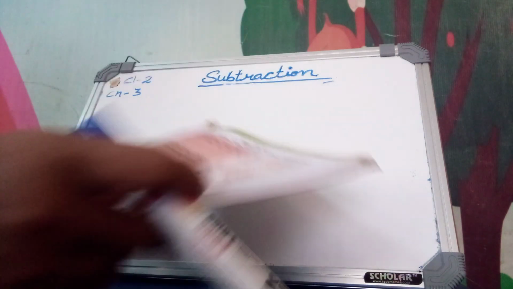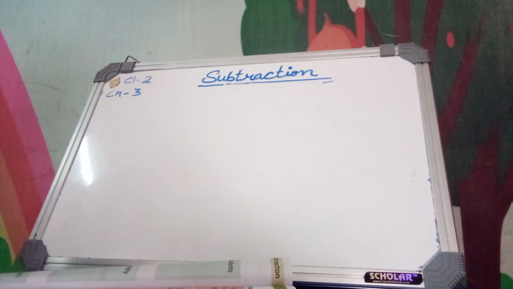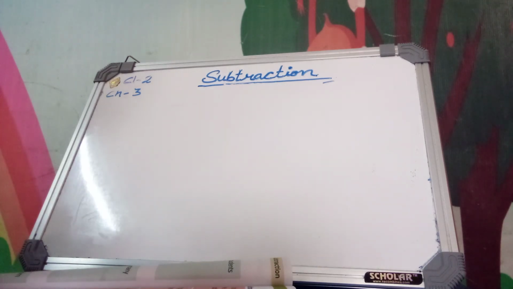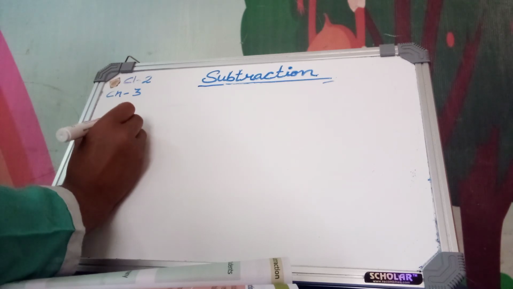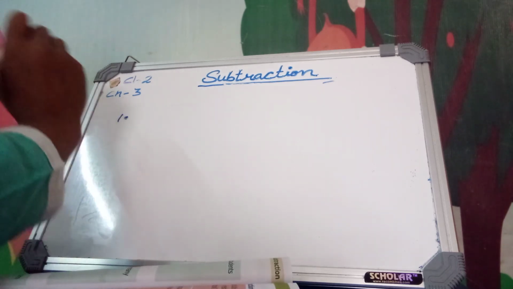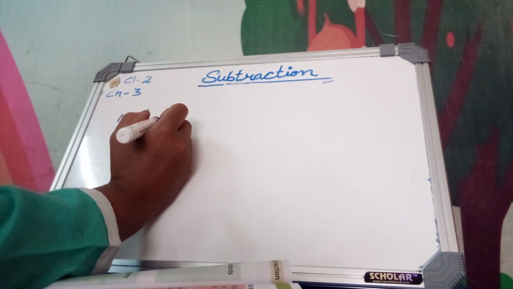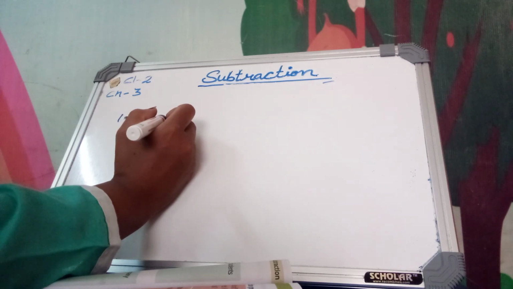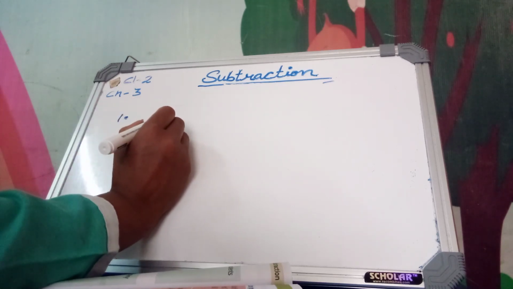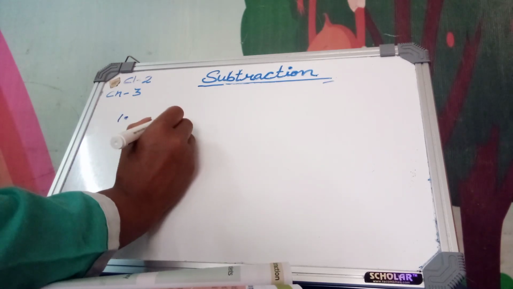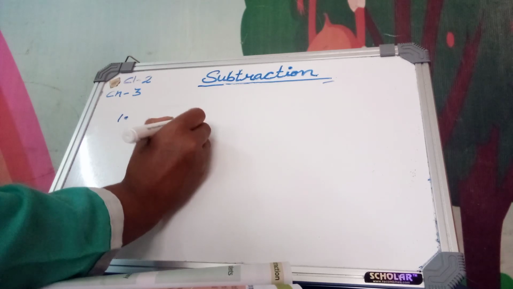Now next question. A pack of soap had 68 soaps. If 45 are used, how many were left? Firstly we have to write the total number of soaps.